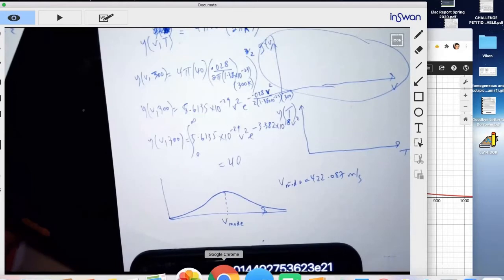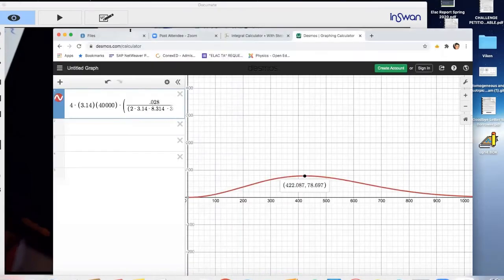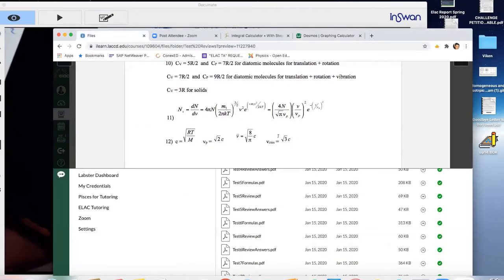Okay, so now what's the formula? Go to files. The velocity of the mode is called VP, V probable, square root of 2c. And what's c? Square root of RT over m. Okay, so according to that equation, what's the V probable? Or sometimes it's called most probable. What is it?